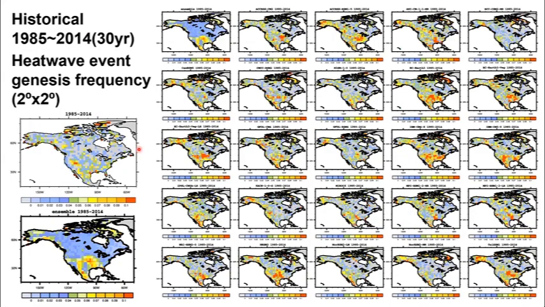So if you want to do future projection, you usually do validation first. In terms of validation, compared to ERA5, here is the 24-model ensemble mean, and these are each individual ensemble member.